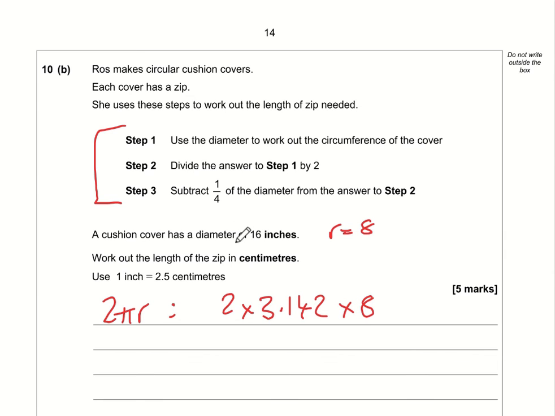Alternatively, 2 times the radius is the diameter, so you could just simply do 16 times 3.142. As you can see, 2 times 8 gives us 16, whatever you're more comfortable with. And 2 times 3.142 multiplied by 8 comes to 50.272.